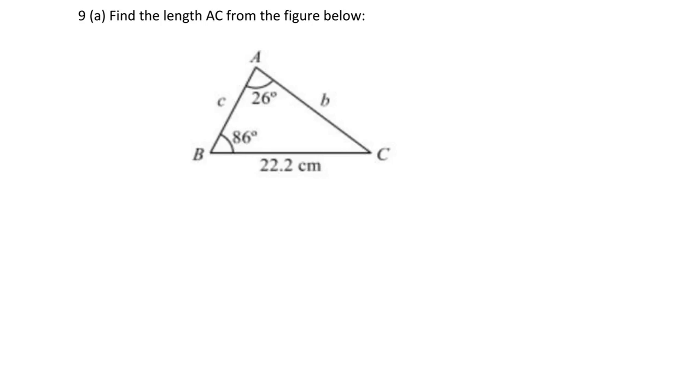In order to solve the problem, let us use the following sine formula, which says a over sine A equals b over sine B. Looking at our sketch, a is 22.2 centimeters, angle A is 26 degrees and angle B is 86 degrees.